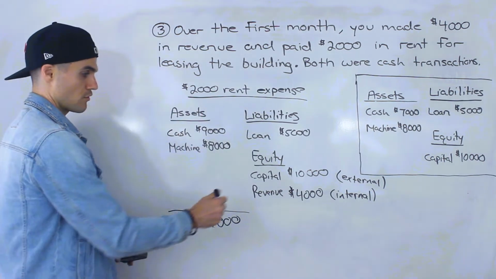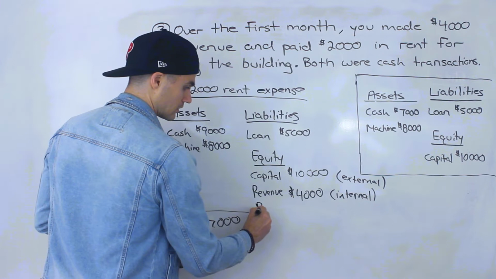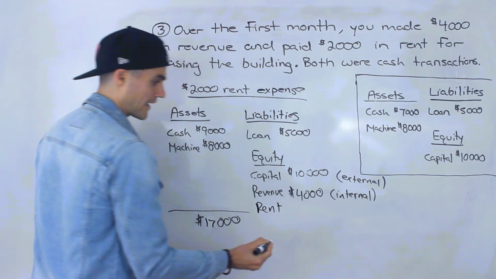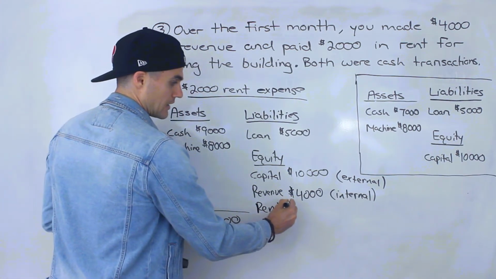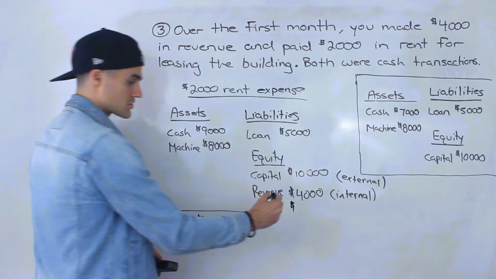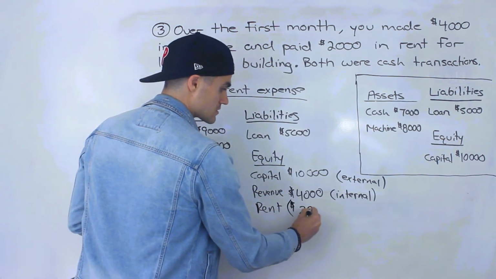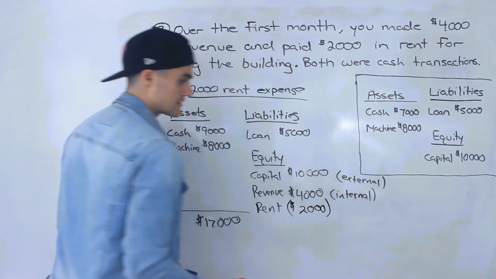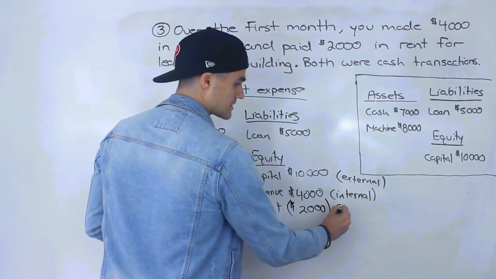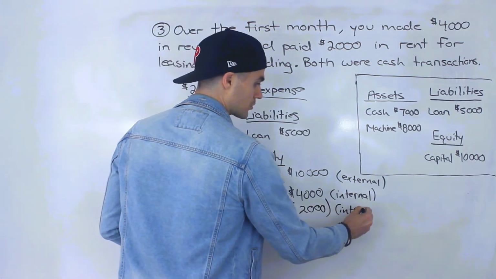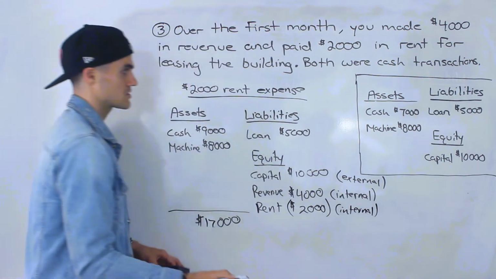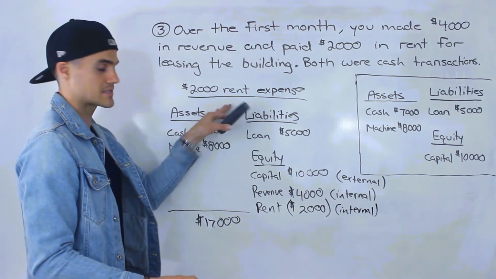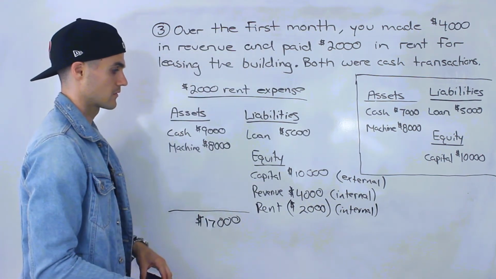Okay, so this here, let's create another category called rent. And notice that that's going to be a negative number. So let's put this number in brackets to represent that it is negative. And notice that this here is internally produced by the business operations as well, right? This rent here, that's a business expense.